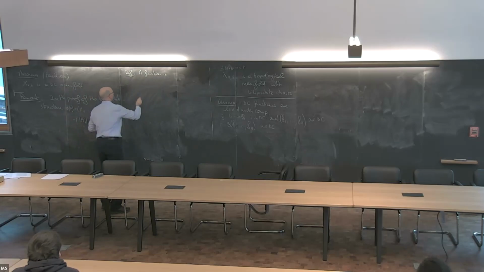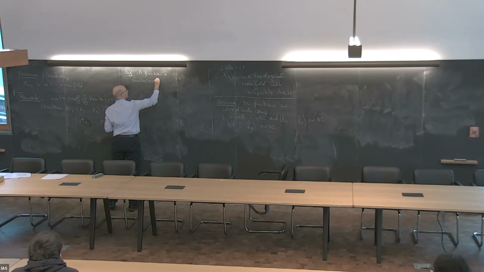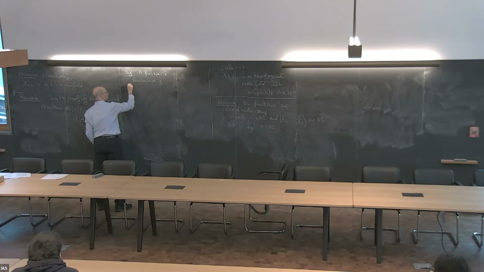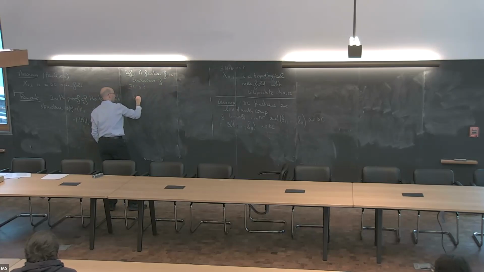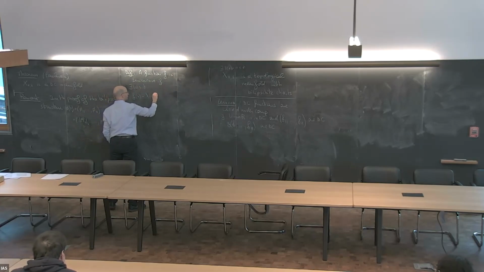So a function is semi-concave in the Euclidean space if there exists a constant such that f of x minus, let me take this constant positive, minus lambda modulus of x squared is concave.